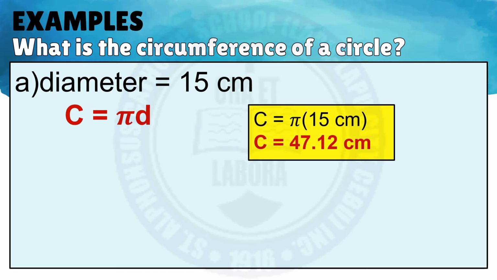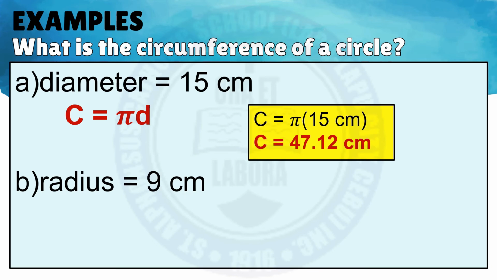So we have C equals pi times 15 cm. In this case, we will be using the given value of pi from our calculator. So do not round off the given value of pi. Therefore, our final answer is 47.12 centimeters. So for our final answer, please make sure that you round it off to 2 decimal places.